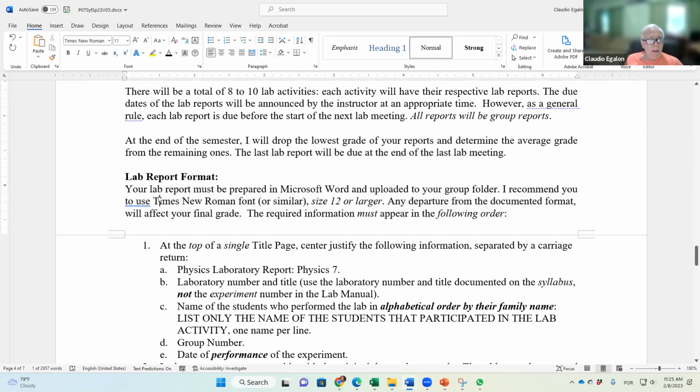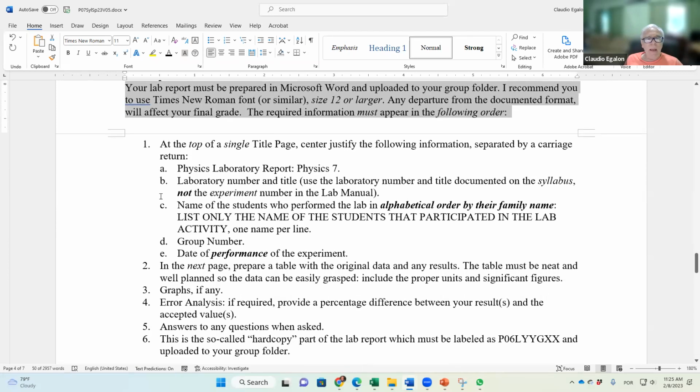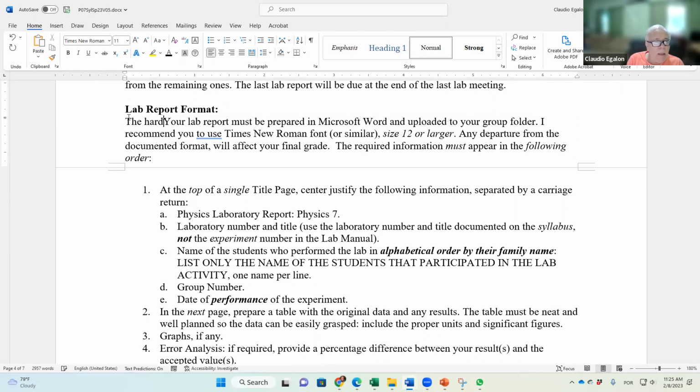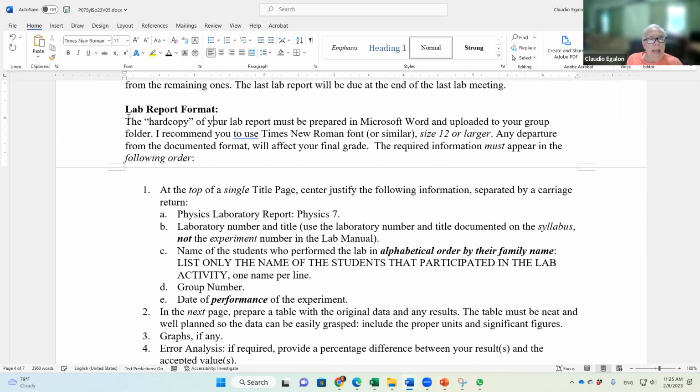Lab report format: the hard copy of your lab report must be prepared in Microsoft Word and uploaded to your group folder.